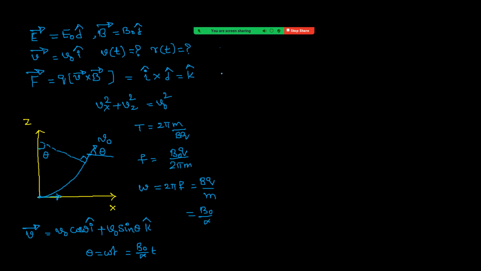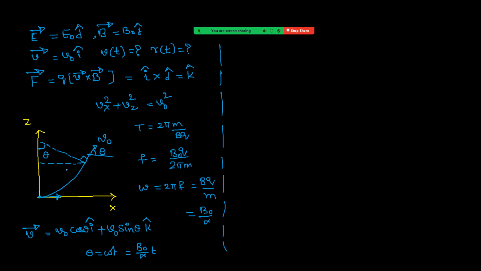Now focus, how to get the position vector. So coming to the position vector, see what we can do here. Take one line parallel to the x-axis.